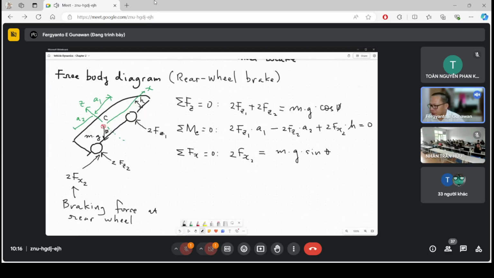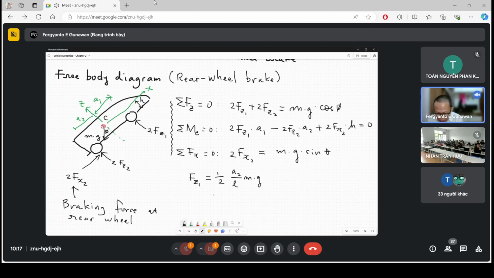It's very easy for us to see that, from these three equations, we obtain that Fz1 equals half of a2 divided by L, times m and g.